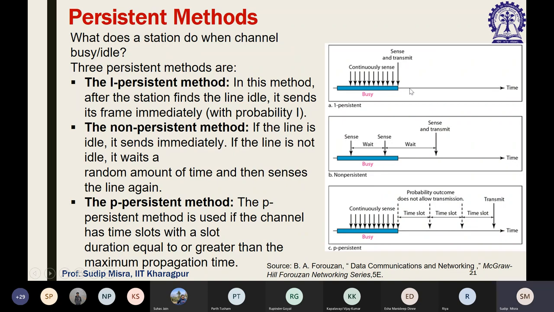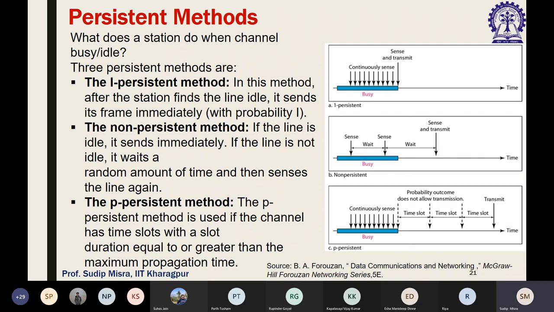When the station finds the line to be idle, immediately it is going to send the frame. I find the line to be idle, I send the frame with probability 1. That is why it is called the one persistent method.